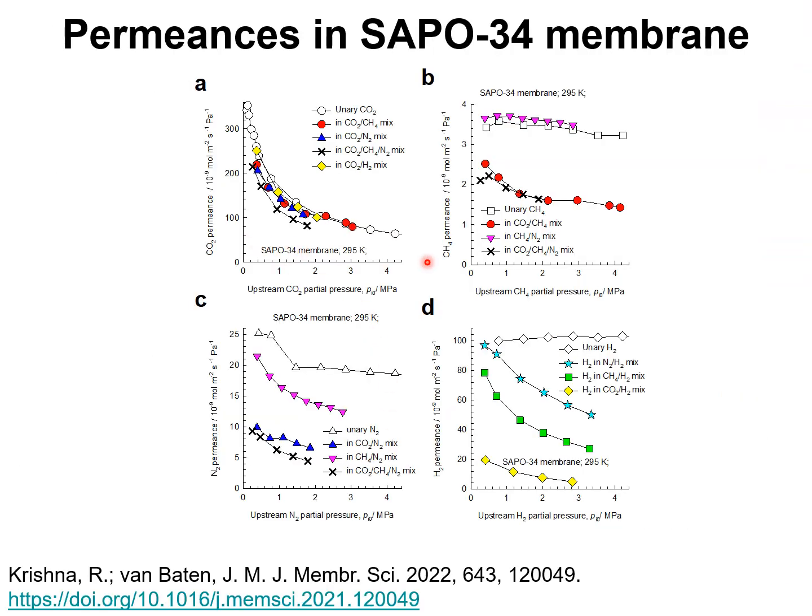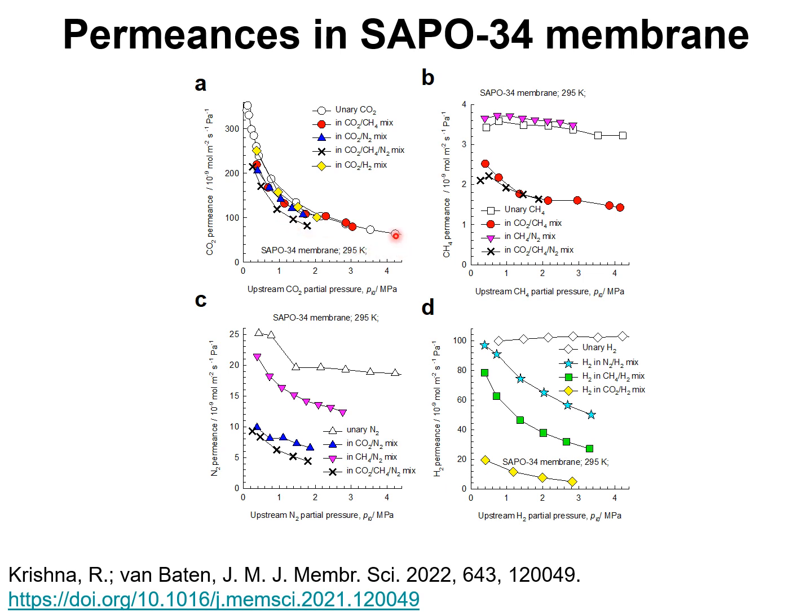This figure summarizes the experimental data on the component permeances of carbon dioxide, methane, nitrogen, and hydrogen. In each case, the unary permeances indicated by the open symbols are compared with the corresponding component permeances in mixtures.